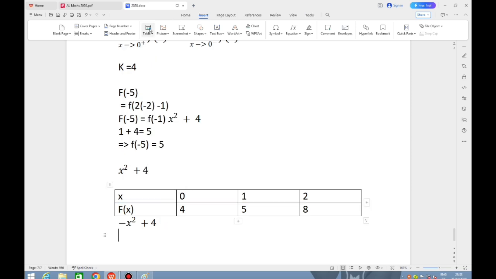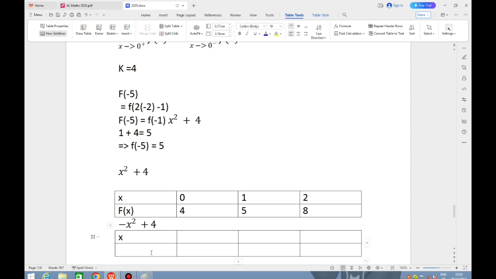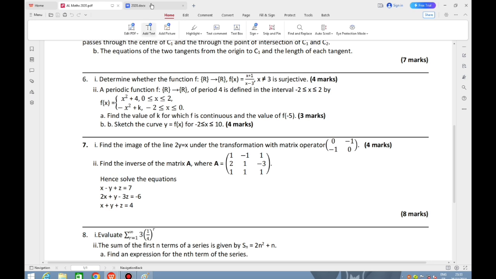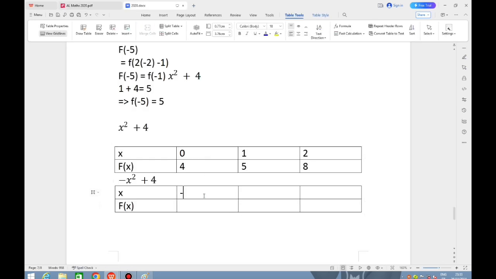We have x and f of x, and the range of the second function is between negative 2 and 0. So you have negative 2, negative 1, and 0.